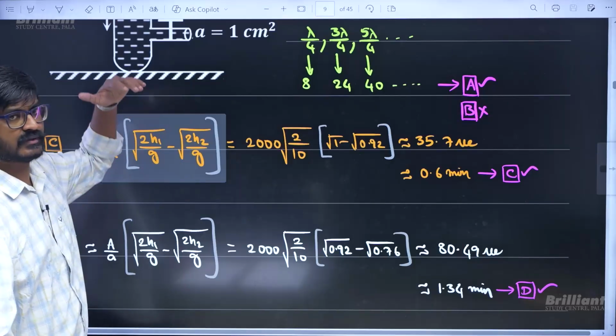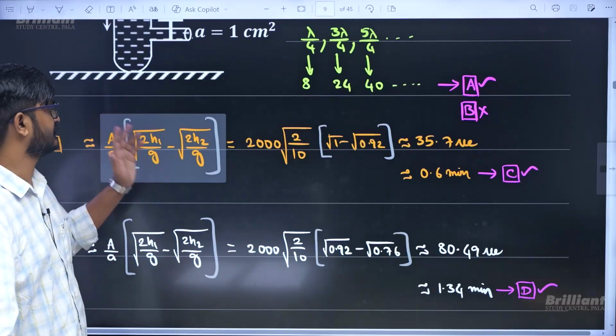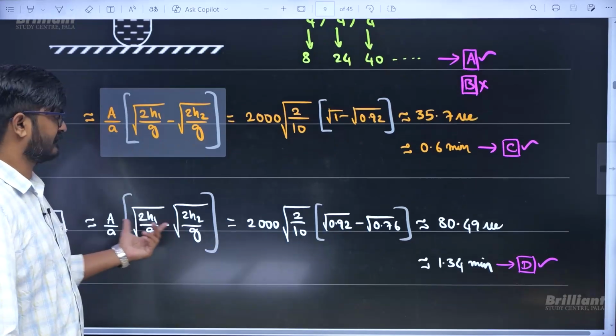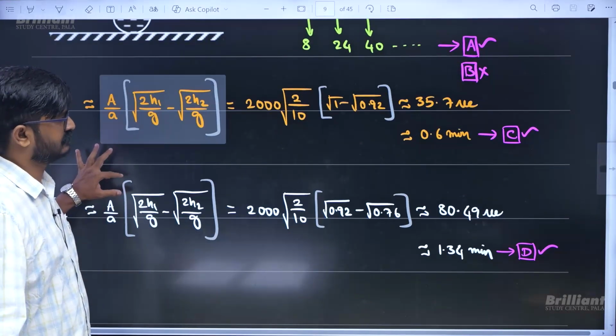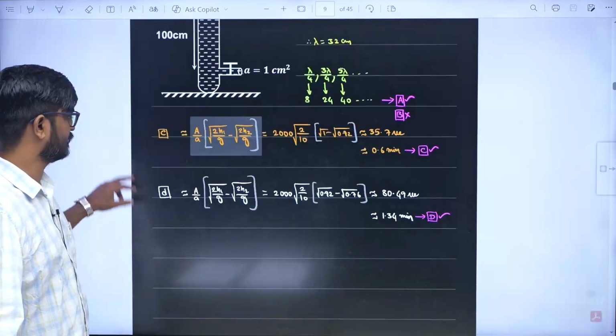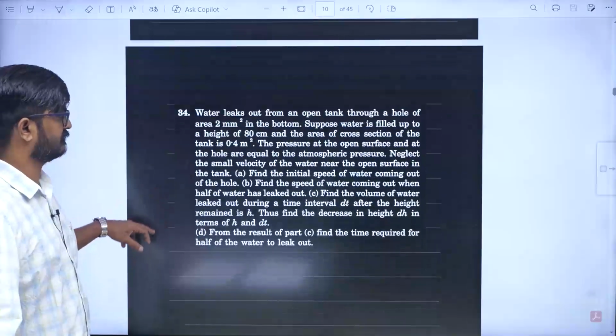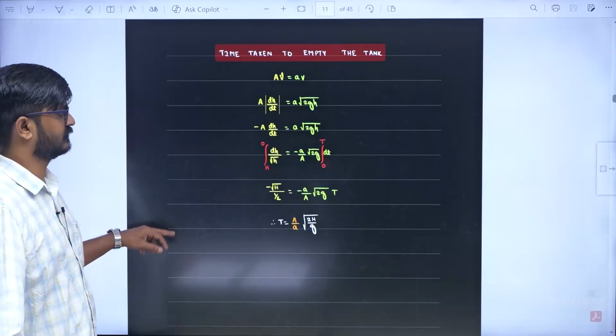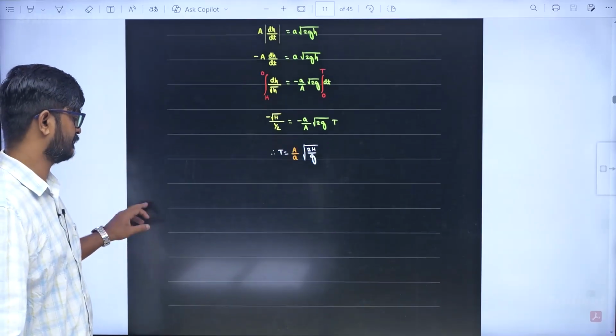So the time taken to go from 100 centimeter to 92 centimeter is the difference of those two. The same idea is going to happen for the next one also. I am borrowing this result from here, though it is not exactly correct, but it is useful to get it there.